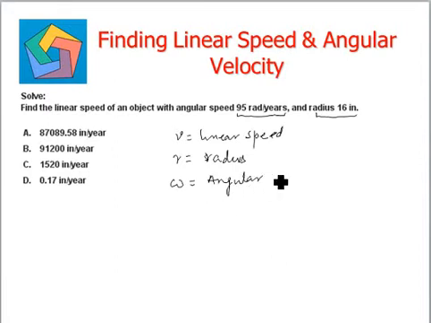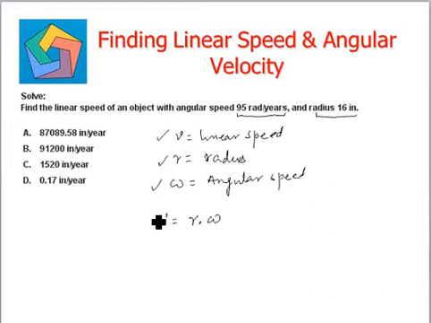This is the symbol for the angular speed, that is omega. There is a relationship between the linear speed, radius and the angular speed, that is linear speed v equals r times omega, where we've already defined r is the radius, omega is the angular speed and v is the linear speed.